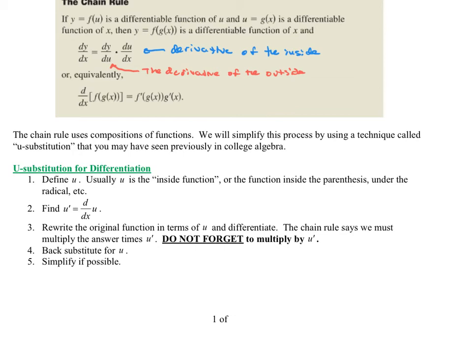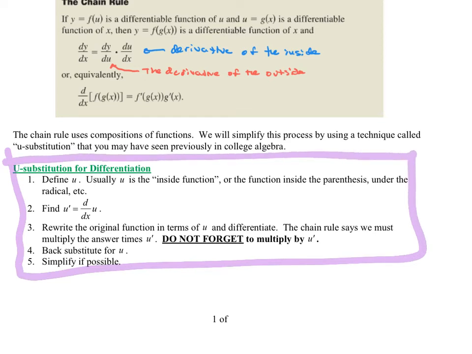So define u. U is usually the inside function or the function in the parentheses. I'm going to highlight this because it is very, very important: the function in the parentheses, underneath the radical, etc. Next, find u prime, which is du/dx. Then rewrite the original function in terms of u and differentiate.